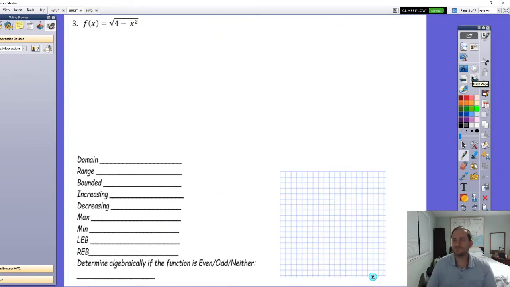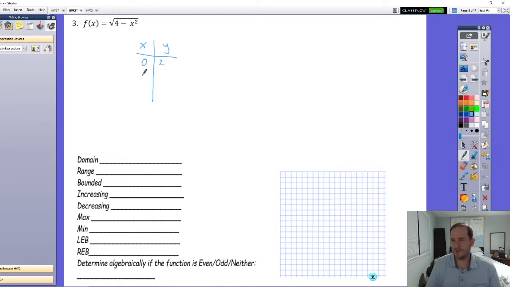Next. Oh yeah, the radical one. So I didn't like this one because you basically have no idea what this looks like. And you just never will. So if you don't know what this looks like, and you're not allowed to go to Desmos, then you build yourself a table of values. And starting at 0, we get root 4, which is 2.